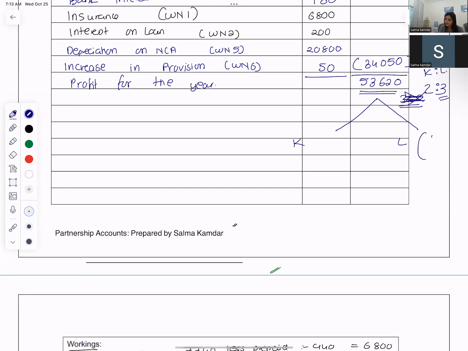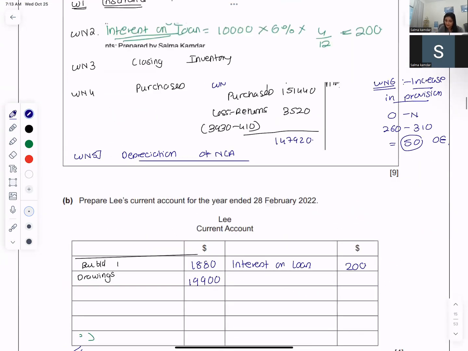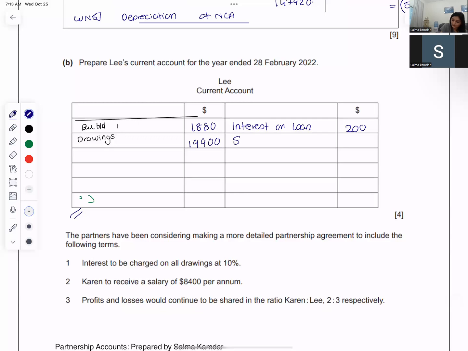So 3/5 share for Lee of 53,620 is coming up to 32,172. So 32,172 is the share of profit for Lee.